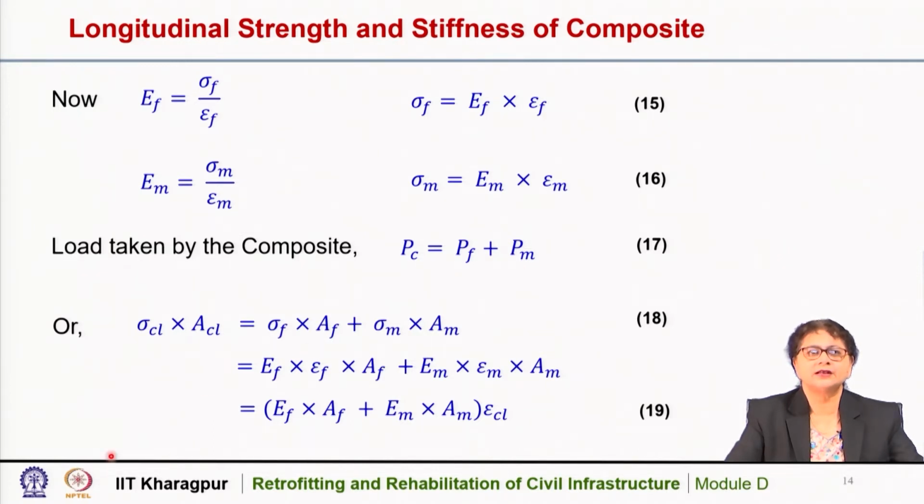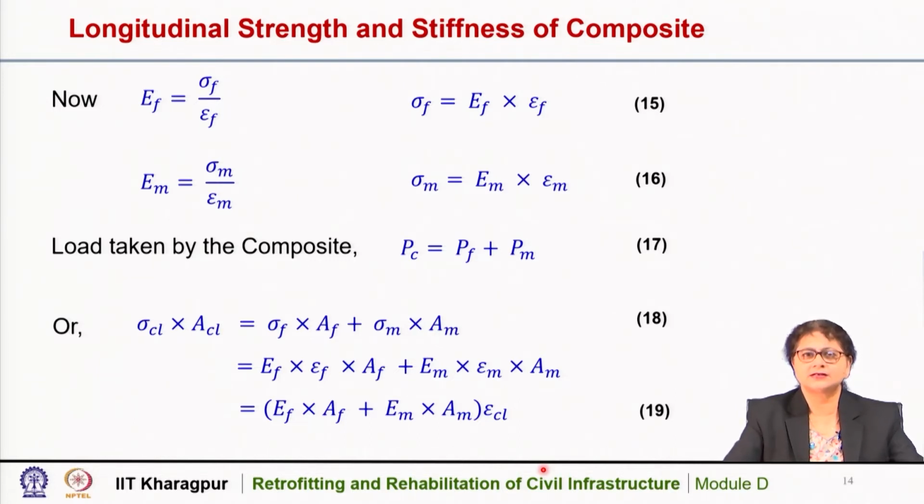Now, PC can be written as sigma CL into ACL, the stress into the cross sectional area, and this is equal to the load shared by the fiber, sigma F into AF, plus sigma M into AM, which is also written in terms of the strain, that is EF into epsilon F into AF plus EM into epsilon M into AM. We are replacing the stress by the strain and the elastic modulus.